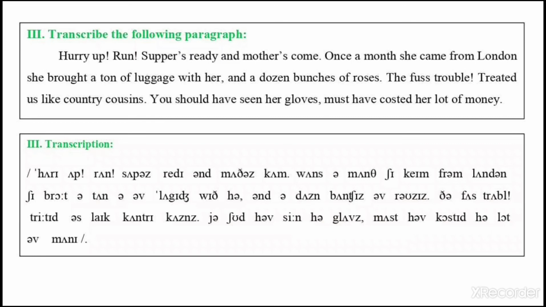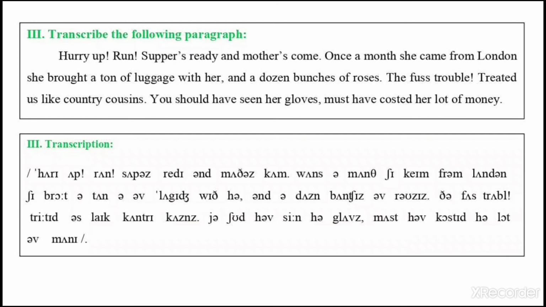The first trouble. The schwa, fs, f, and s, and the word trouble with the V upside down. Treated us, treated, treated. So tree with long E, and the ed here is pronounced id. So treated. As becomes us, it's a weak form.